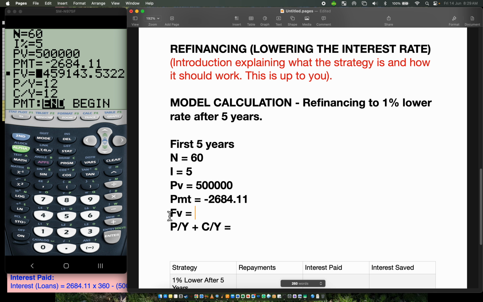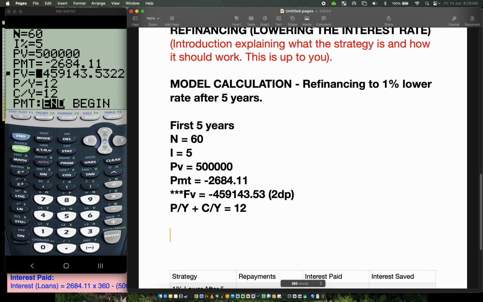FV comes to, and that's what I solved for, negative 459,143.53, rounded to 2 decimal points. And this was PY and CY 12. Now I can do after refinance, refinancing down 1%.